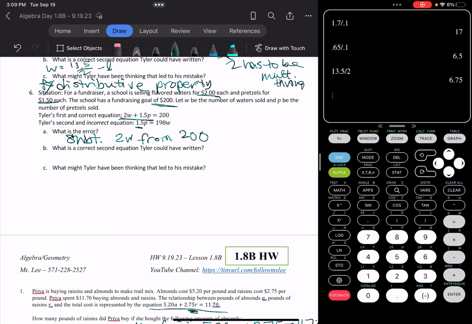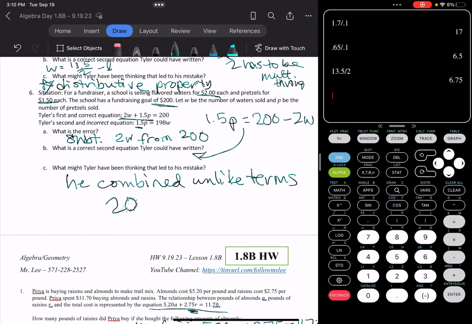All right, the second equation that he could have written is 1.5p equals 200 minus 2W. So that's the second equation that he could have written. And his mistake is he combined unlike terms.